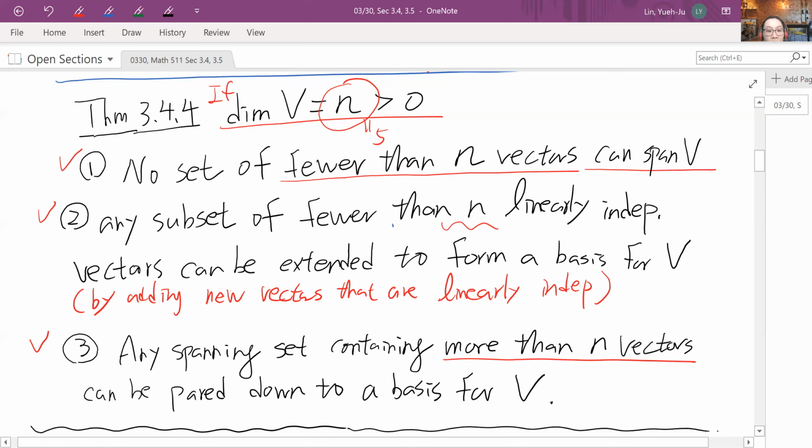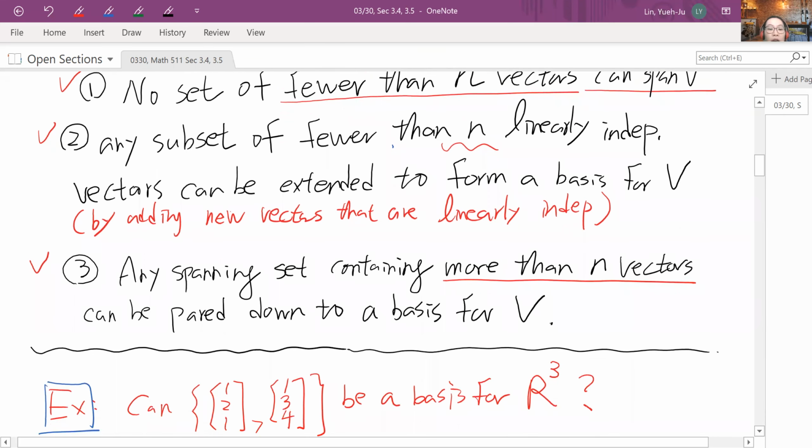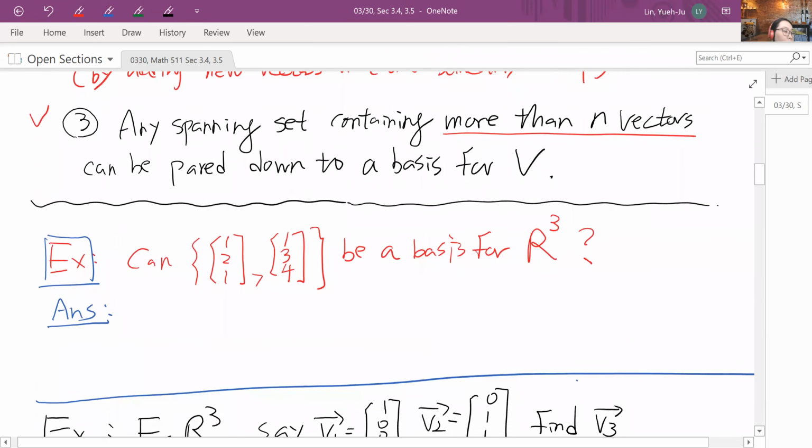Okay, so these two theorems here, I'm not going to prove them because they are too theoretical, but they will give us a nice framework to do certain problems. First, this is just some remark or thinking. Because we know this theorem to start with, if I ask, can these 2 vectors be a basis for R3?